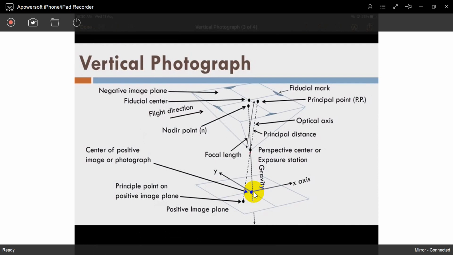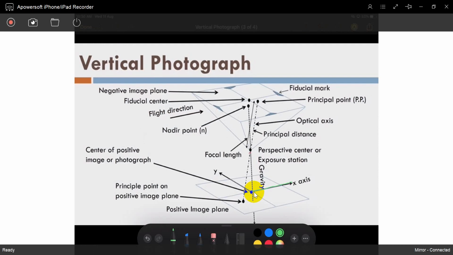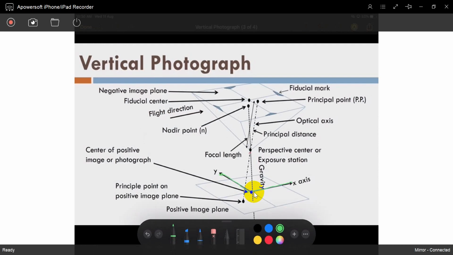So this is the x-axis and y-axis. See, this is x, this is y, and this is also x, this is also y. x and y are your choices.